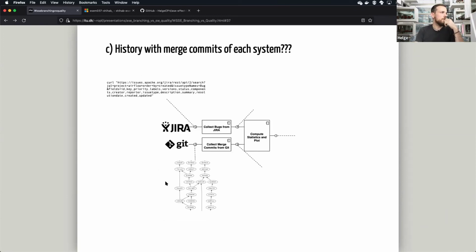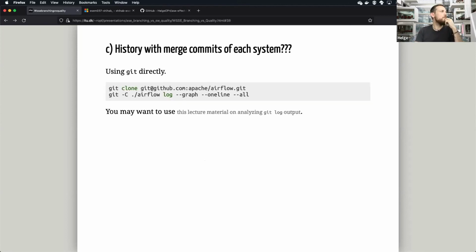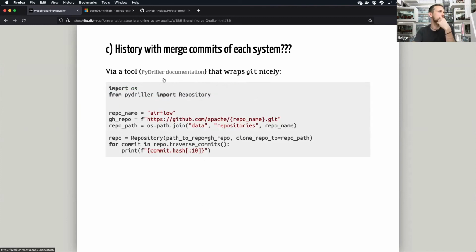The version control system history from each of these Apache systems, we could get by using the git log command directly. First we clone, for example, the Apache Airflow project, and then in the repository that we just cloned, we say, now show me the log, and then we parse that. But then we have to do quite a bit of text parsing. This is why we could use a Python module called PyDriller that nicely wraps working with Git histories.